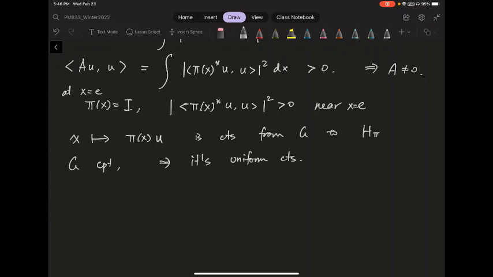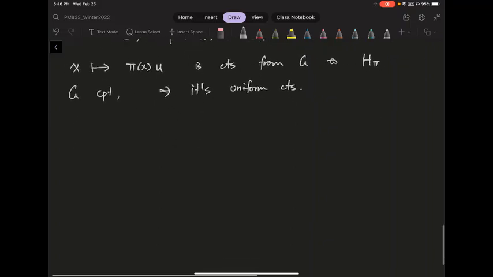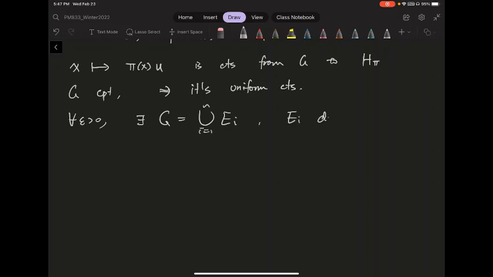Being uniformly continuous just means you can use a finite number of points to approximate your function. So basically, for every epsilon greater than 0, this implies that you can partition G into a disjoint union of these E_i, going from 1 to n. And on each of these E_i, you can approximate pi x u by some pi of a fixed point x_i of u.